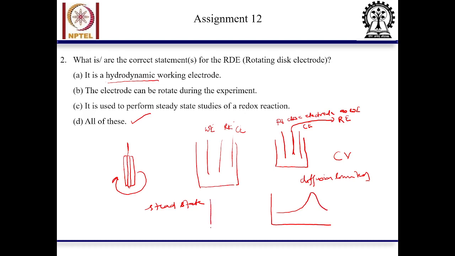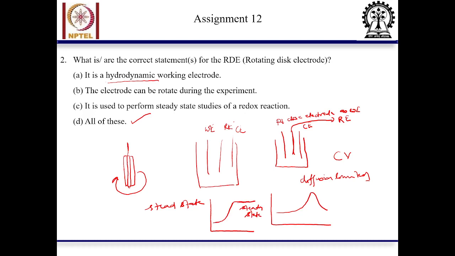But in RDE, because we are rotating the solution, a continuous flux of analyte is coming to the electrode. So it will also start from here, but after that it will be flat. This is called steady state, right? So this is the difference between CV and RDE.